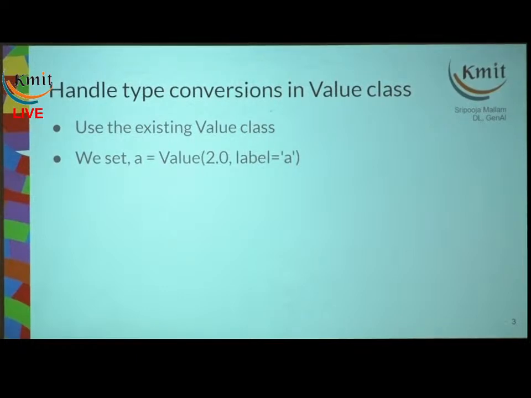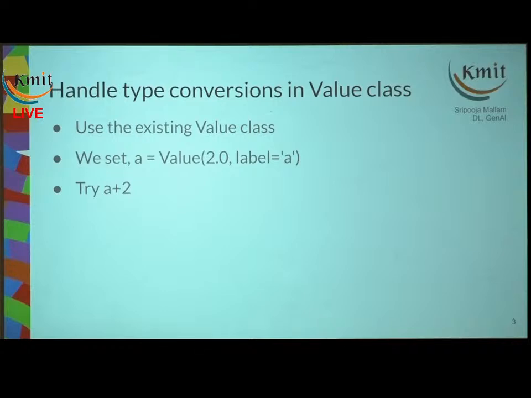So we know that this is how we initialize values using the value class: A equal to Value 2.0 with a label A. This is all good, and if we print A, it shows the representation. Whatever we define in the representation, it returns as the output. But what happens when you try A plus 2?